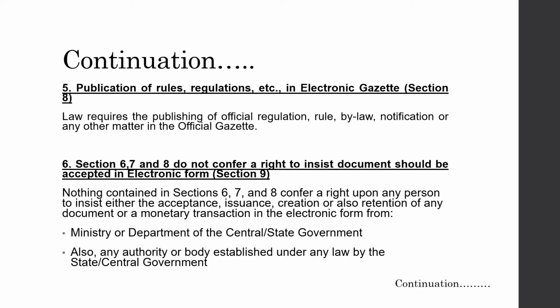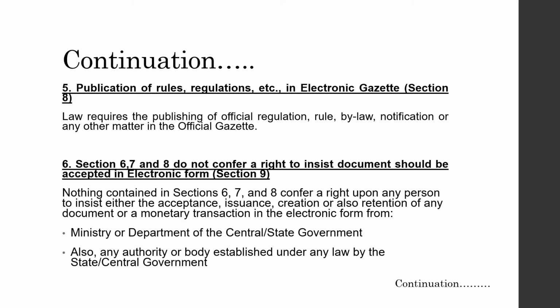Next point, section 9 is telling that sections 6, 7 and 8 do not confer a right to insist that documents should be accepted in electronic form. Whatever we just read about 6, 7 and 8 does not confer any right to insist that documents should be accepted in electronic form.